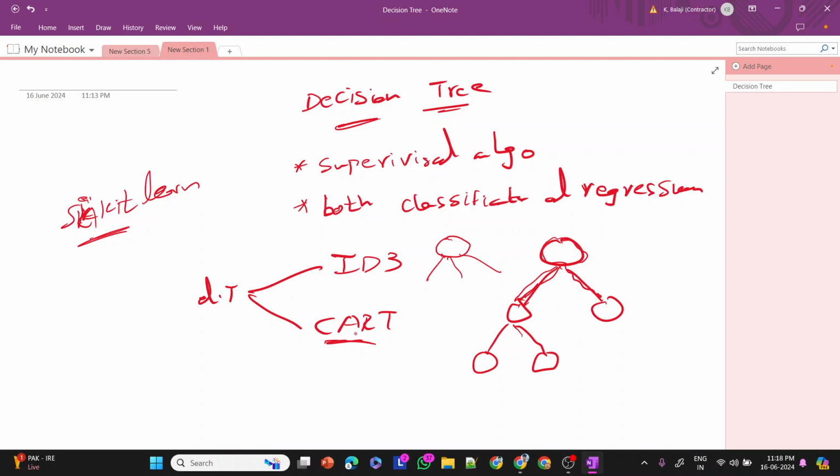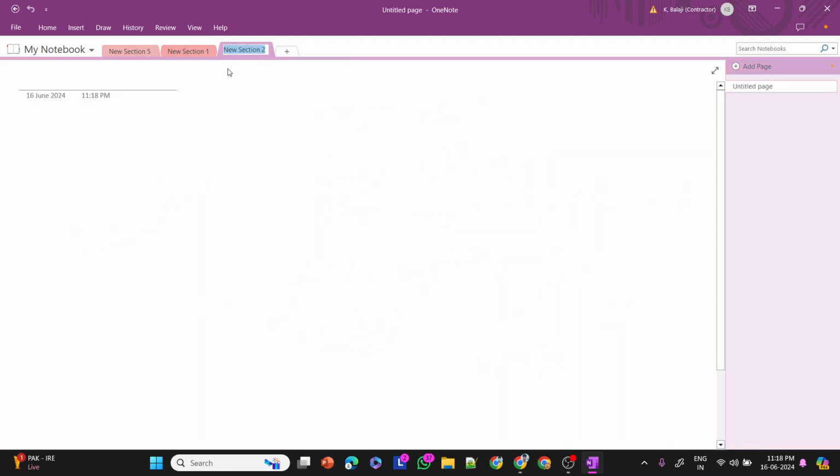Let's see the concept behind the decision tree. In a decision tree, there are two major mathematical concepts that are the backbone of this algorithm.